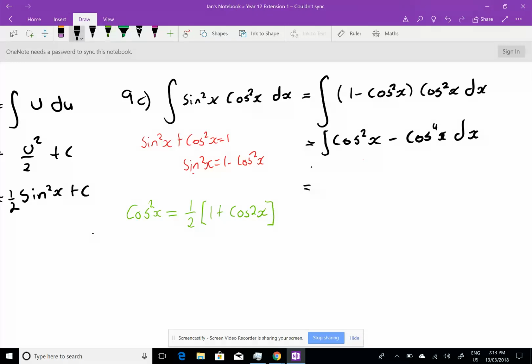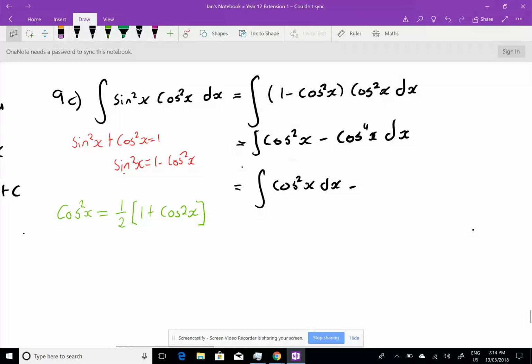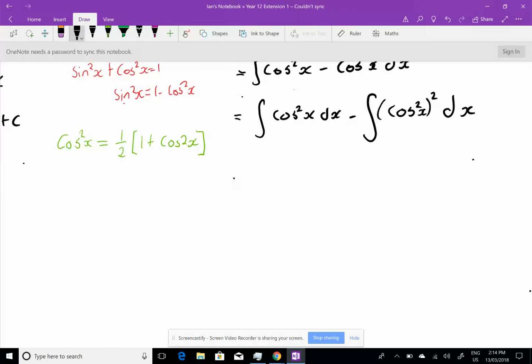All right. So now we're going to split this integral up. We're going to do the integral of cos squared x dx minus the integral of, watch this too, cos squared x all squared dx. Well, that's interesting.